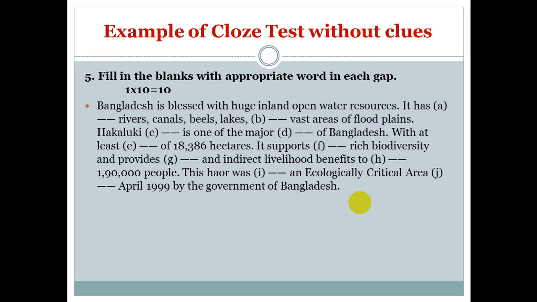So for getting the highest marks in this question, you have to increase your vocabulary and your grammatical knowledge. Unless and until you increase your vocabulary as well as grammatical rules, you cannot excel in this section. So try to focus on this section.